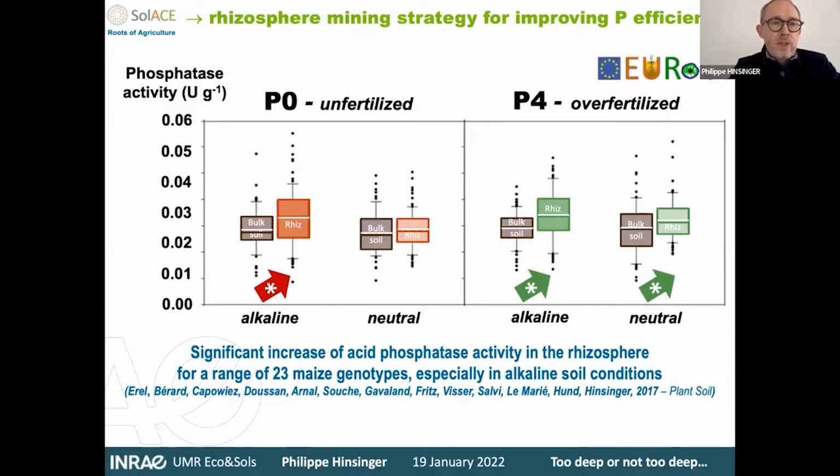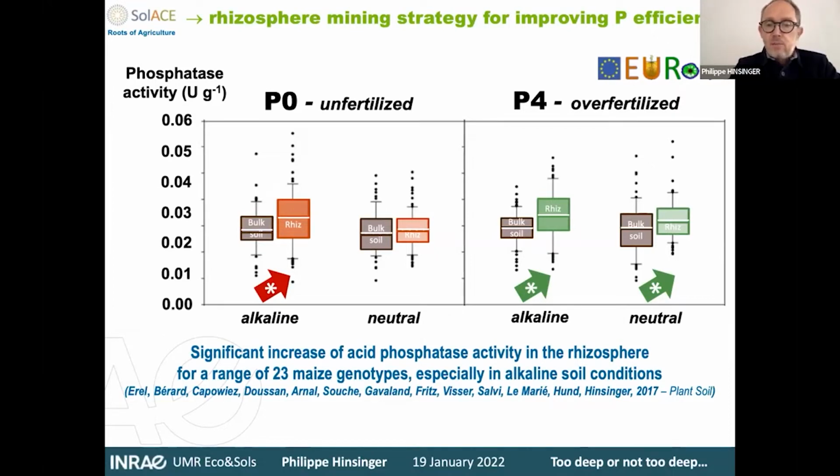This is an example here with phosphatase activity. Phosphatases are enzymes that are used by all sorts of organisms, bacteria, fungi, plants, to increase the availability of phosphorus through mineralization of organic phosphorus in soils.